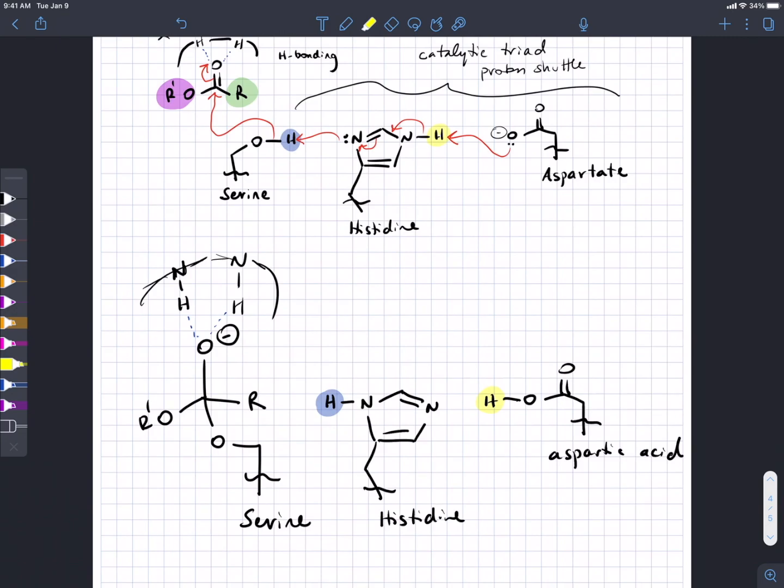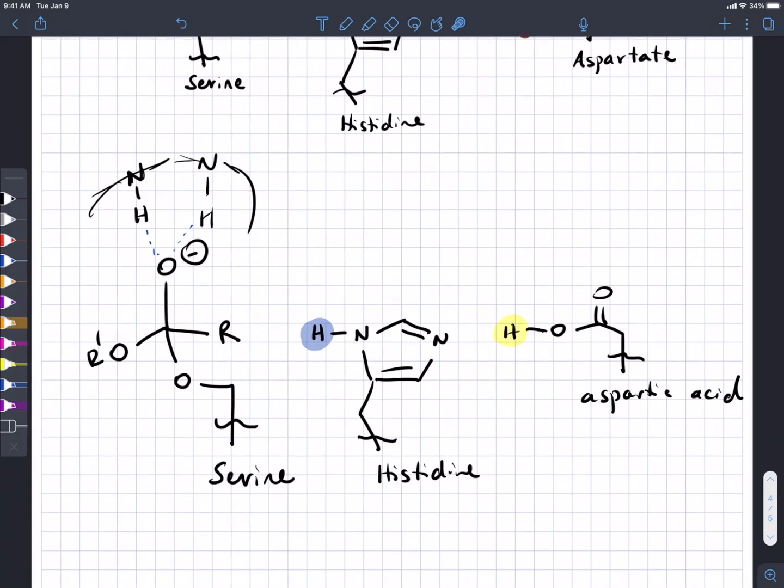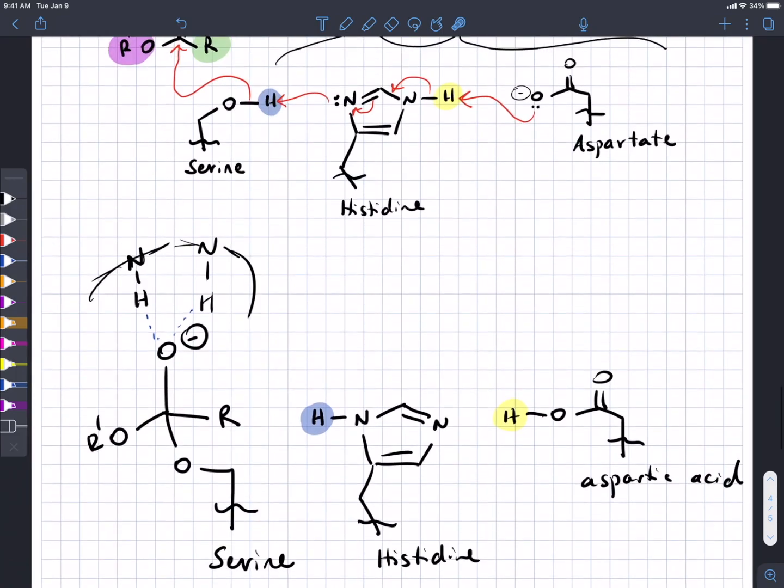One question that you can ask at this point, and this is a question best reserved, I think, for a biochemistry class, is that histidine in and of itself should not be a good enough base to remove a proton from an alcohol, because the pKa of an alcohol is 16, whereas the pKa of the conjugate acid of histidine is 6.